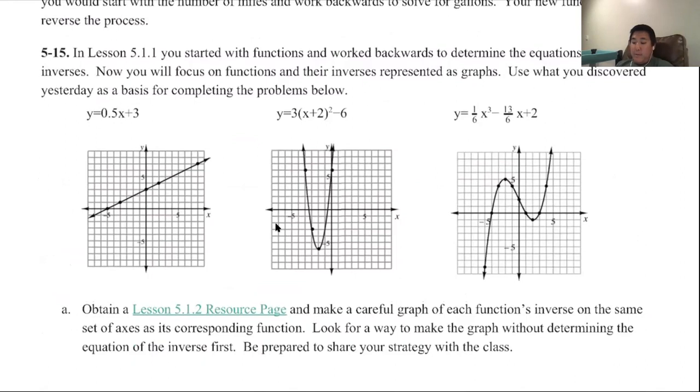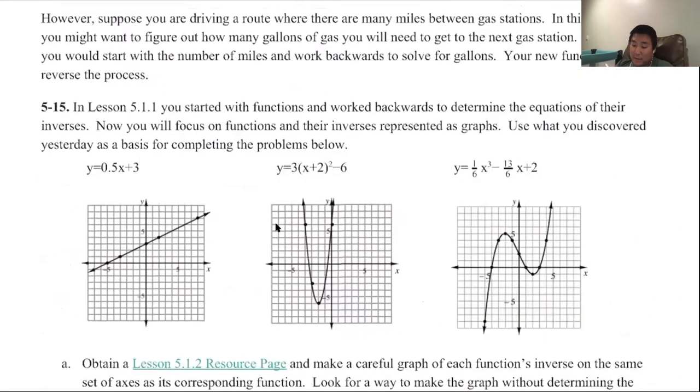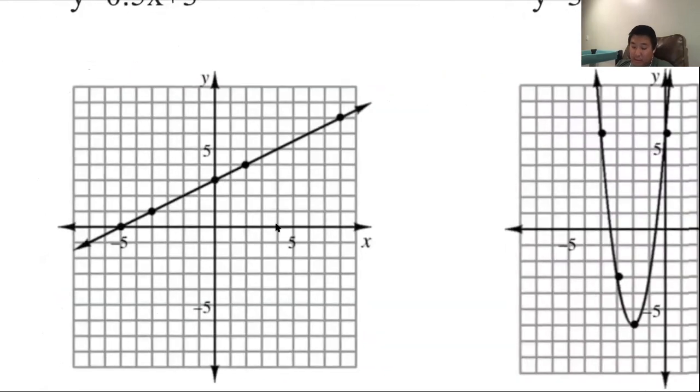Functions and their inverses represent graphs. So this is what you discovered yesterday as a basis for completing the problem. Essentially, if the point x, y is on the graph of f of x, then for f inverse of x, you switch them, so y, x is on the graph. So take these points and we'll plot them.